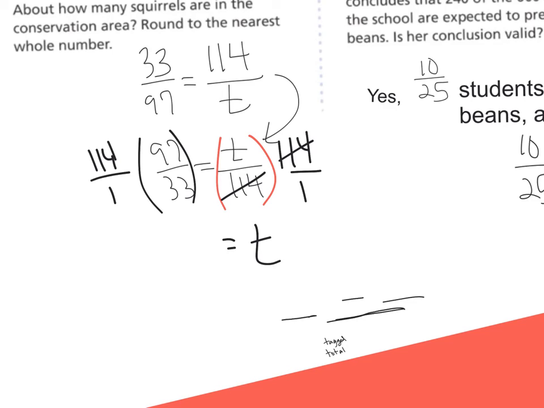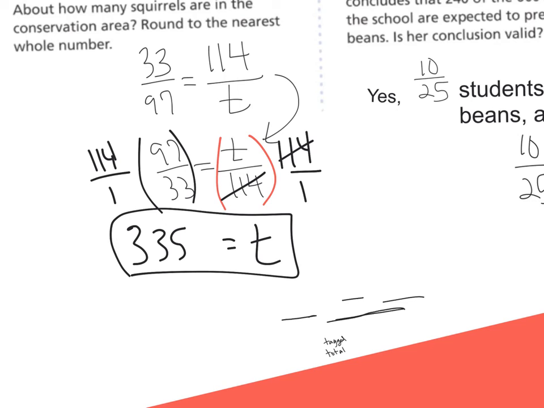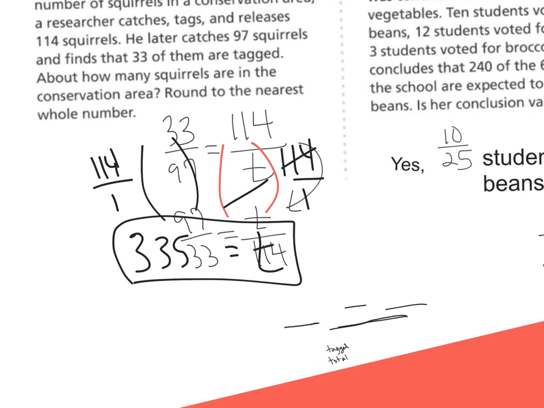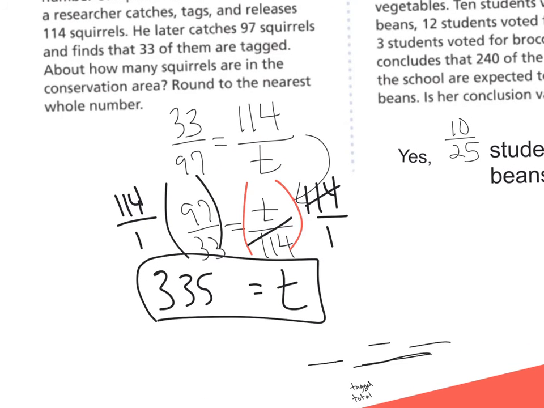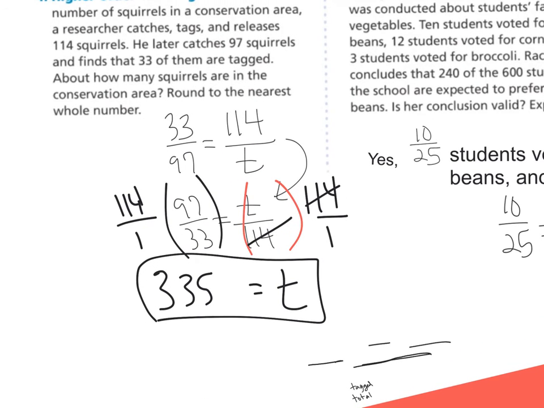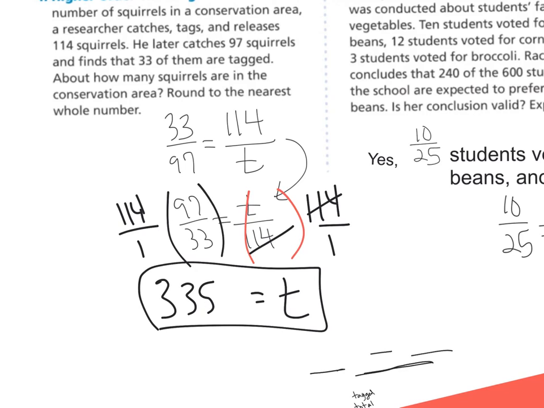And what should happen when you work that out? That should come out to be 335. Make sure when you do this problem, when you get your answer, think about if it makes sense. He had 33 tagged, or he caught 97 squirrels.